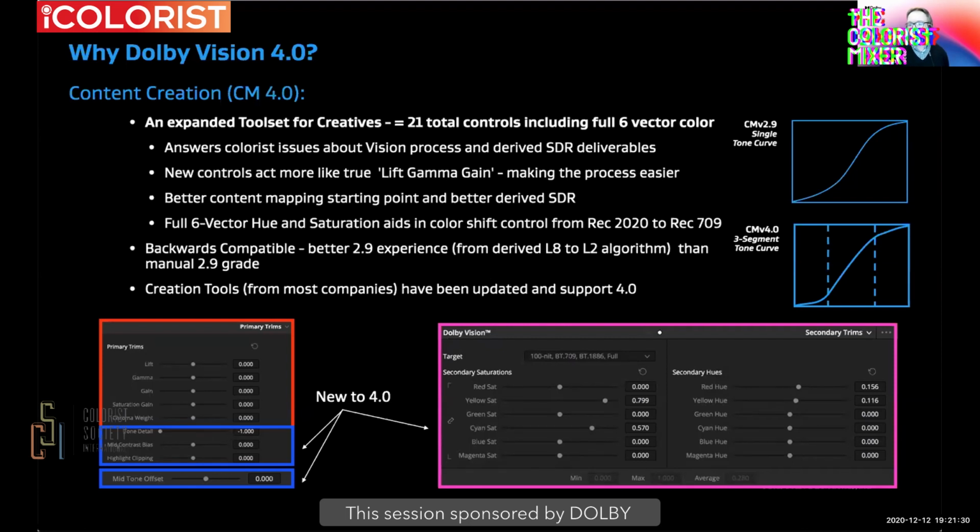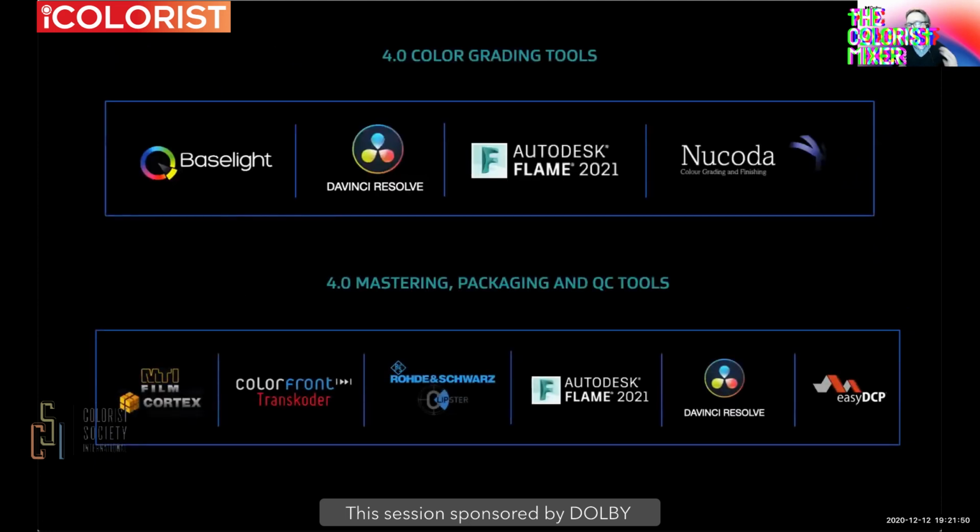In other words, you have this 3-segment tone curve, and as you manipulate it with more of these tools, in the background, it's calculating the 2.9. So we went back to the drawing board and we updated the algorithm to give you a much better 2.9 experience. And all of the tools I just showed you in that slide, these have been updated with the latest algorithms to give you a really good 2.9 derived backwards compatible version.